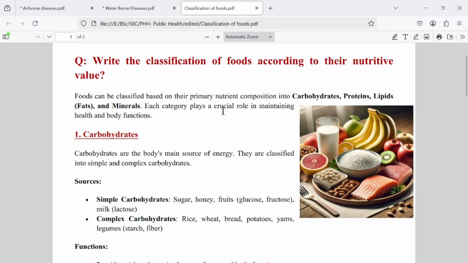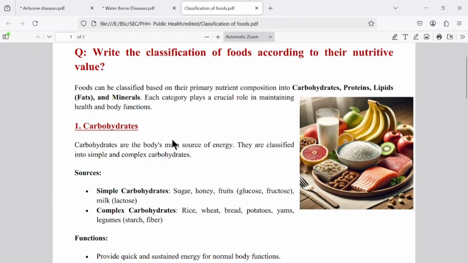Carbohydrates: if we eat rice, chapati, and sugar, these contain carbohydrates. These carbohydrates are very important because they release energy from our food in the mitochondria inside the cells.